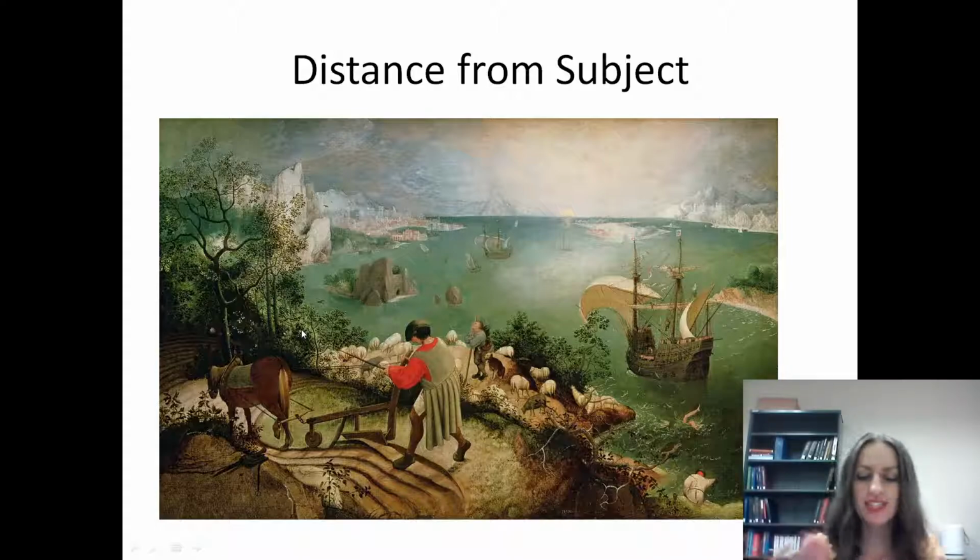And that's what the distance of this painting is communicating, right? So even though Icarus is the subject, the distance from him is helping us to communicate something else. Now, distance can be very close up too, right? There could be close ups, and there are other paintings that show very much close ups of Icarus, and those ones really foreground his tragedy. Okay, so distance from the subject can be very rhetorically effective.